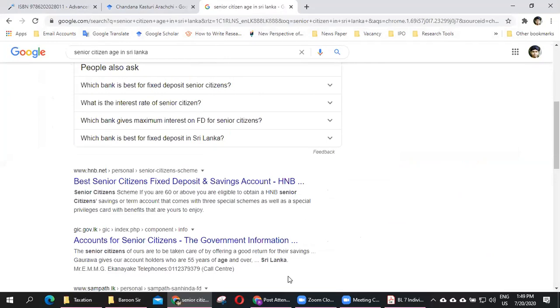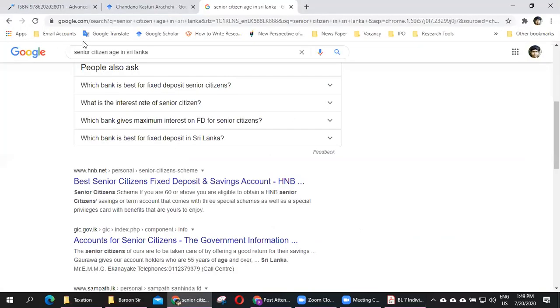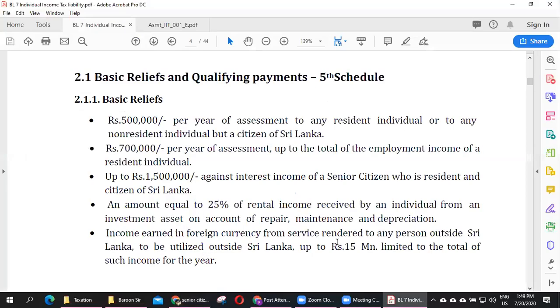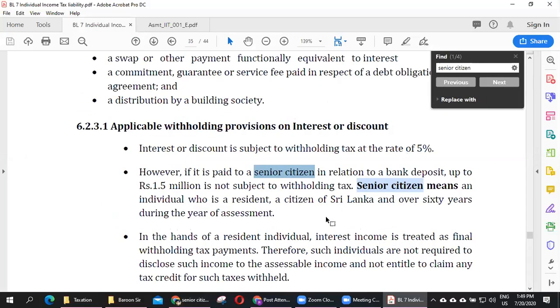According to the tax law, senior citizen means an individual who is resident, over 60 years, right, is correct.